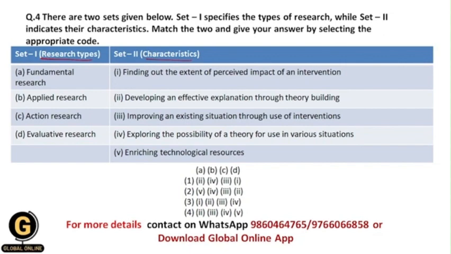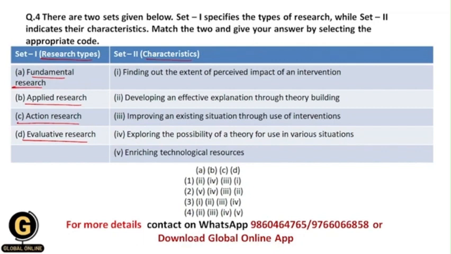Now here there are fundamental research, applied research, action research, evaluative research. So these are the types of research which we have given in set 1. Now let us see what are the characteristics that they have given us.